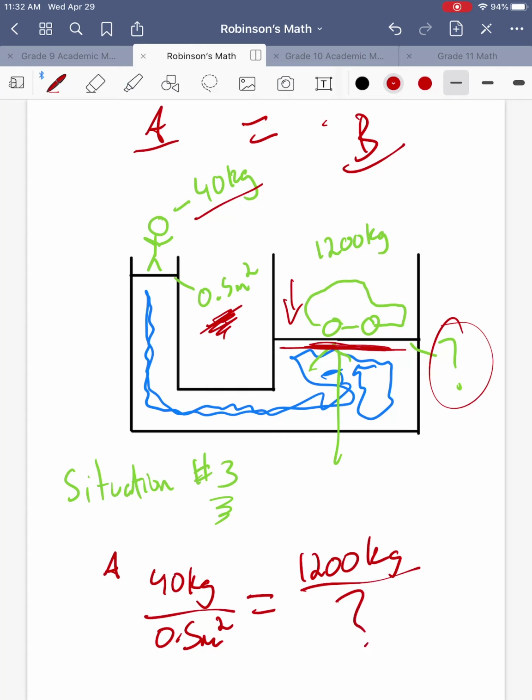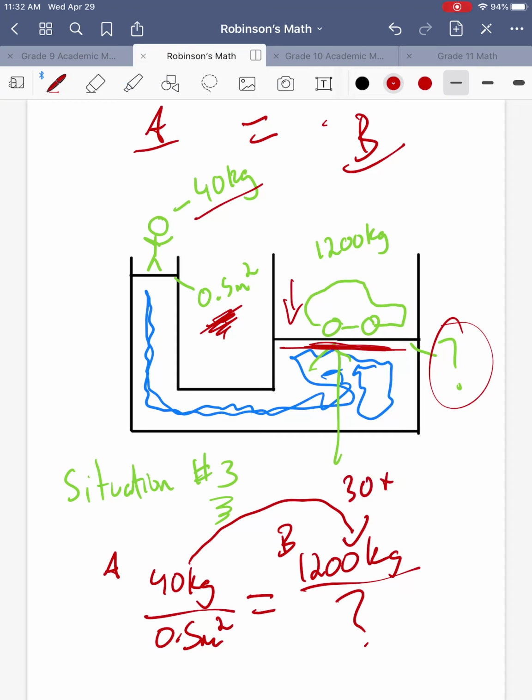Well, now we have two equivalent fractions, and we can solve it several ways. I don't really care which way you solve it. I like to use diagrams or visuals, and basically I say, because side A and side B are equal, I know that 40 kilograms goes into 1,200 kilograms 30 times.